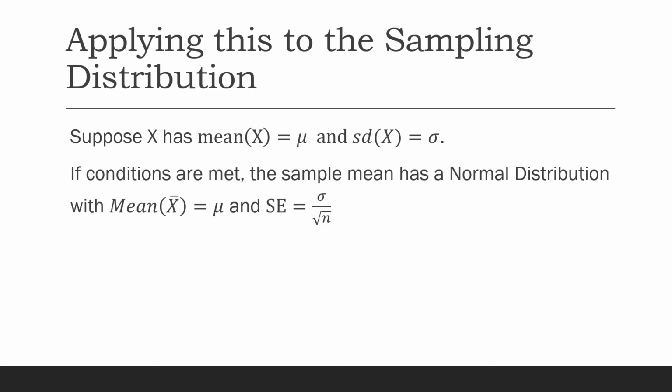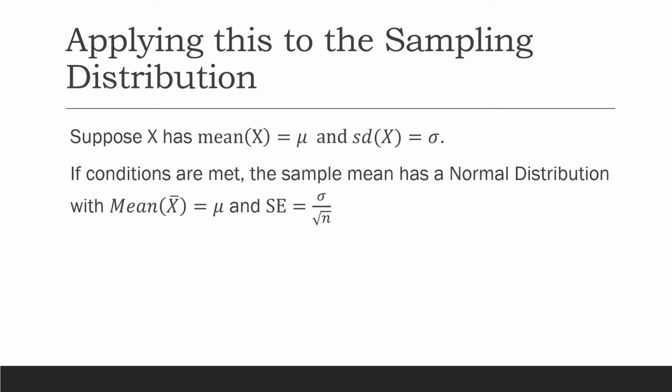Okay, so now let's apply this to the sampling distribution. Suppose a random variable x has mean mu and standard deviation sigma. If conditions are met, and we talked about those conditions a little while ago, the sample mean will have a normal distribution, or approximately normal, with the mean of the sampling distribution equal to mu and the standard error equal to sigma over the square root of n.